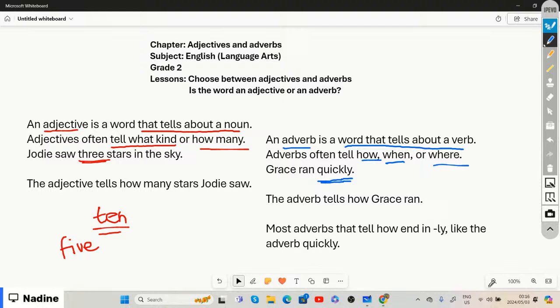So quickly. And usually when it comes to adverbs, the word that tells us how things are happening usually ends in ly.